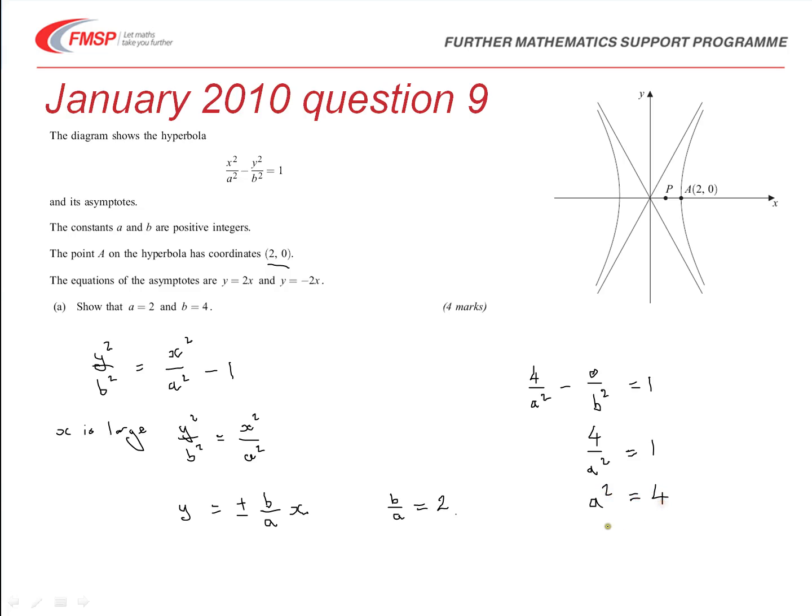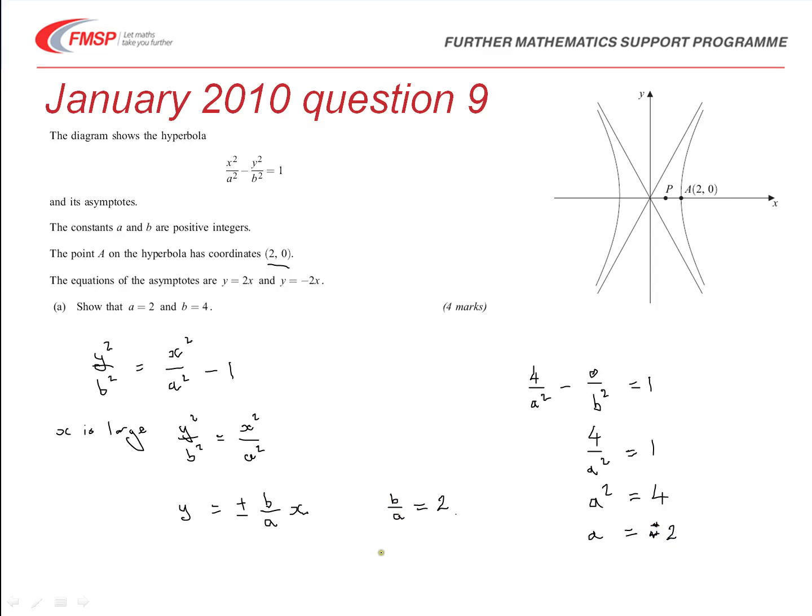So a is our plus or minus 2 value, which gives us our two possible answers. But the fact that a is squared, we don't need to worry about that. So in fact we don't need the negative value in here. We can just go straight for a as being 2.